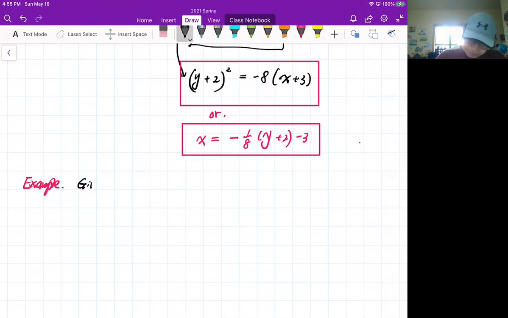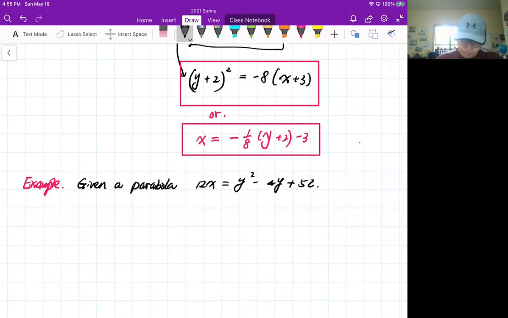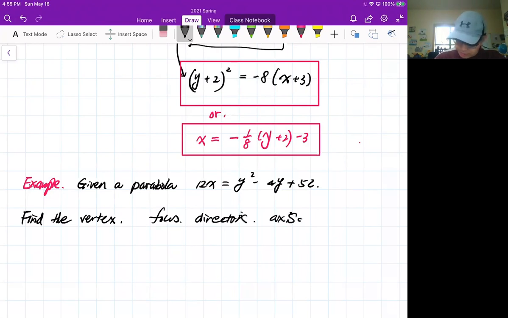So given a parabola, which is 12x equals y squared minus 4y plus 52. Okay, I want to find the following: the vertex of the parabola, the focus of the parabola, the directrix, and then the axis of symmetry.